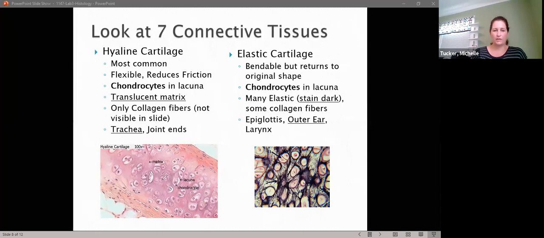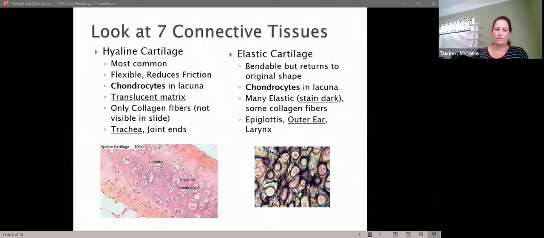So for hyaline cartilage, you have chondrocytes, and they are secreting itty bitty, teeny tiny collagen fibers. They're so small that you can't make them out in the matrix. And so this starts looking like pink jello. It's like a pink gel.